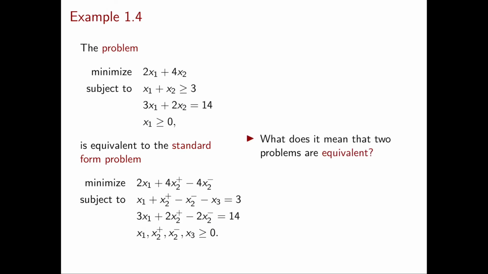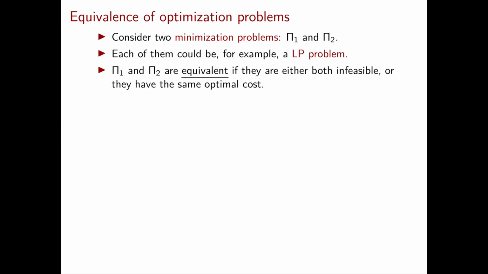So the first question we should ask ourselves is what does it mean exactly for two problems to be equivalent? And this is what we're going to do next. The definition of equivalency that we introduce now doesn't work only for linear programming problems, but for more general minimization problems. In fact, later on, we're also going to use it for problems that are not linear programming problems.